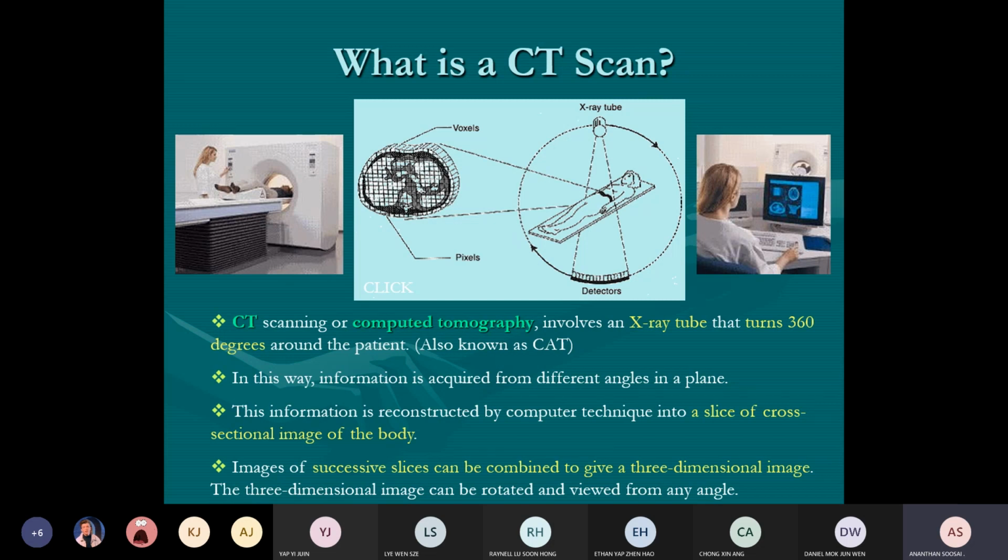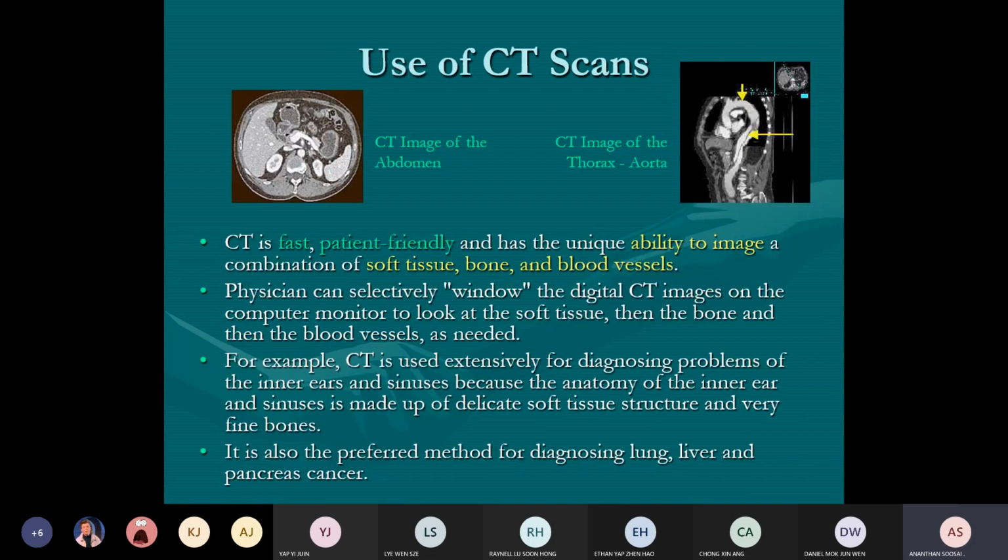But the CT scan was developed in the middle of the 20th century because we needed a strong computer, hardware and software. The images of successive slices can be combined to give a 3D view. These slices can be combined to form a 3D view. So this is one slice image.